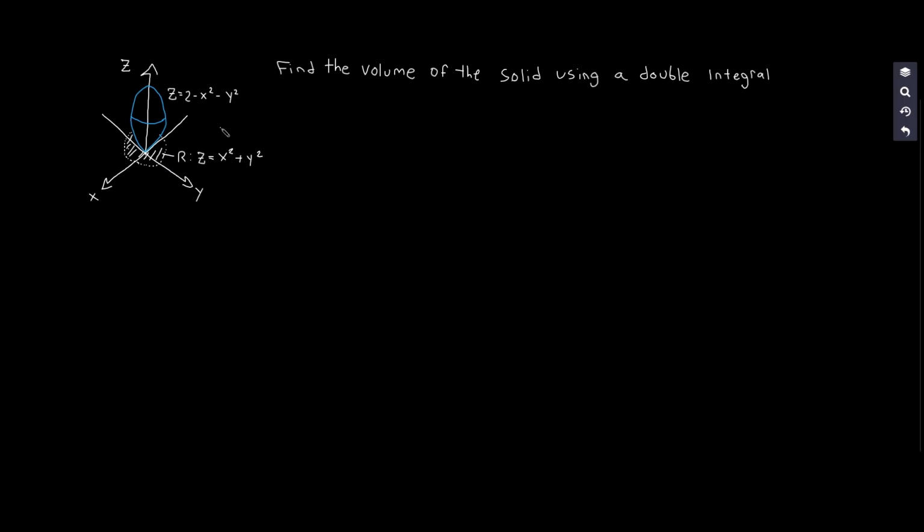In the region down below in the xy plane, like a shadow, the projection, if you will, is r, and that equation is z equals x squared plus y squared. So the region in the xy plane is circular, and this part here is also circular.